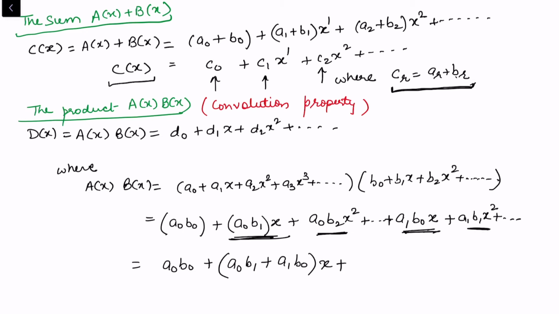Suppose I take a2 x square and multiply by this b0, I am still going to get the coefficient of x square. So let me write this term also, a2 x square, and there we also have b0. So that is the coefficient of x square, and similarly you can see the coefficient of x cube, which comes due to the three terms: a0 b2 plus a1 b1 plus a2 b0.